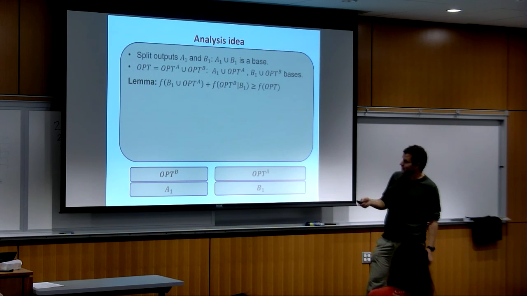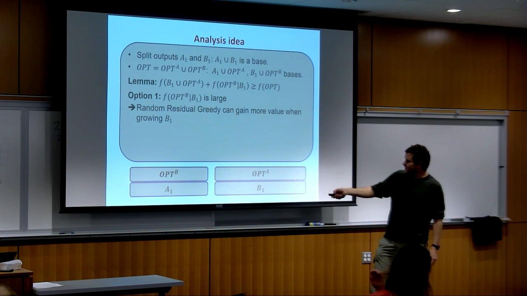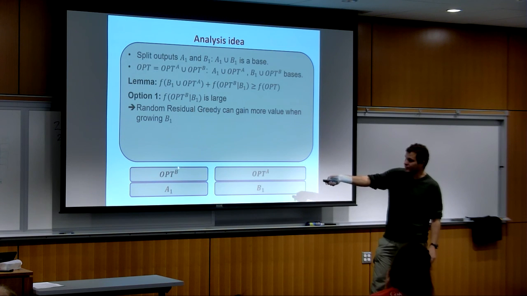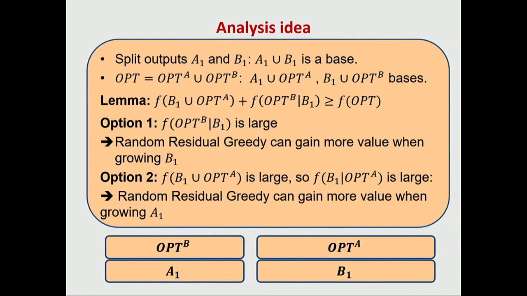So again, we have two options. Either opt B with respect to B1 is large, then you can gain a lot of value when you complement this. Or B1 has a lot of value with respect to opt A, and then you have two subsets that can complement A1 to a base, and then residual greedy will gain. So this is more or less the idea. It's not so complex, I would say.